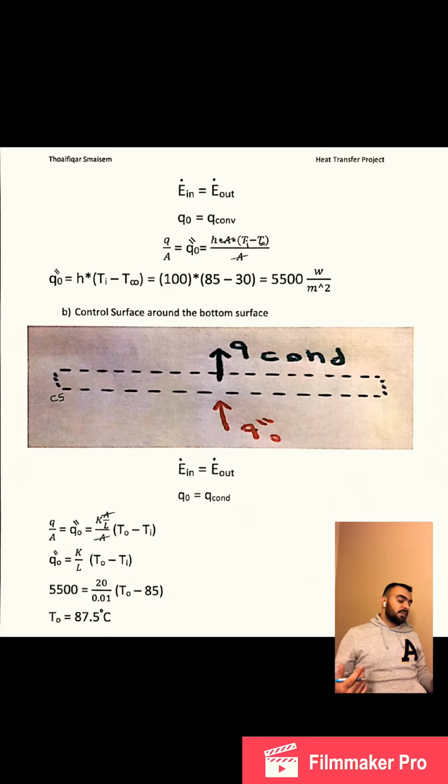As I already mentioned, heat flux units are watt per meter squared. Area units is meter squared. So Q over A is Q double prime, which is the heat flux.